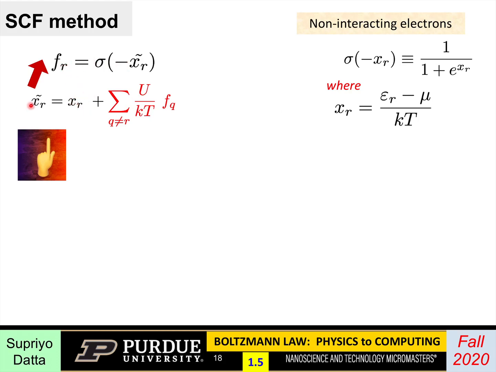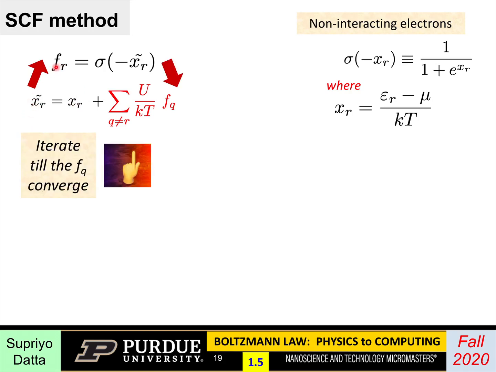Now I can't calculate x until I know f. So what I have to do is assume some x and use it to calculate the f, but then I use that f to recalculate the x. And of course it won't match what I had started with.